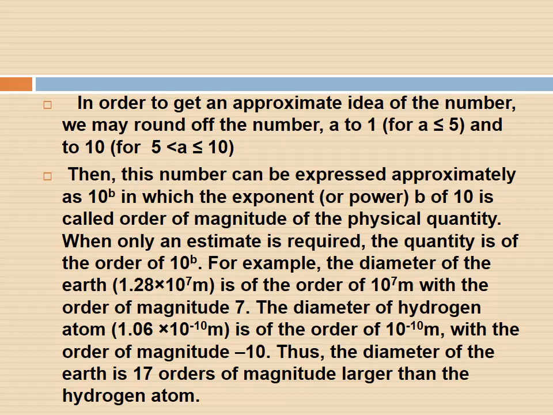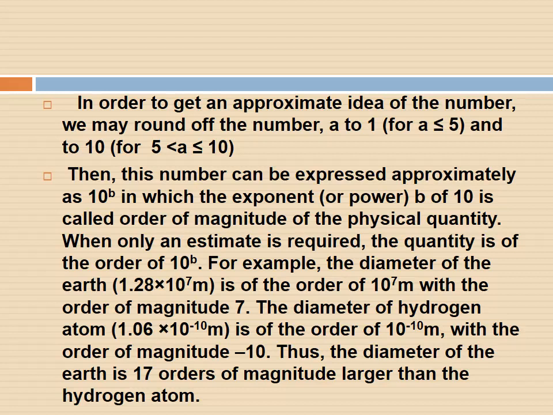The diameter of a hydrogen atom is 1.06 into 10 to the power of minus 10 meter, which is of the order of 10 to the power of minus 10 meter, with order of magnitude minus 10. You have to compare their orders of magnitude and say by how many orders the diameter of the earth is larger than the diameter of the hydrogen atom.